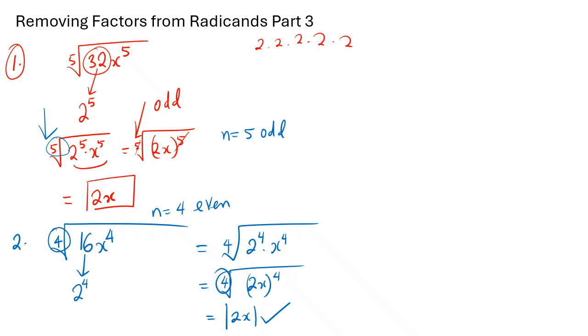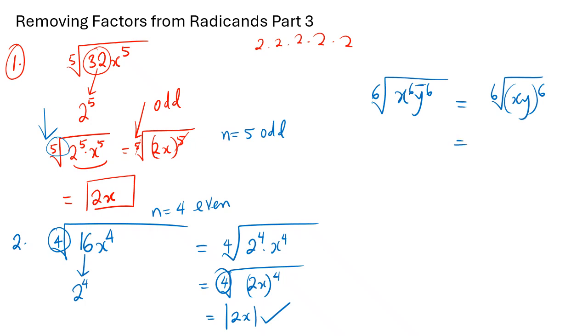Let's take one more example. Suppose you want to find the sixth root of x to the sixth and y to the sixth. It just means you're looking at the sixth root of xy, all to the sixth, because both of them have the exponent 6. They have the same exponent, so you can do that.